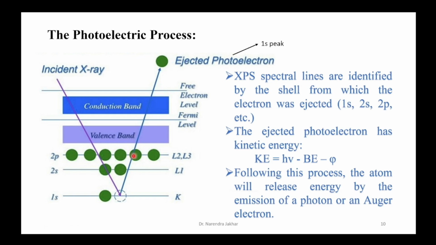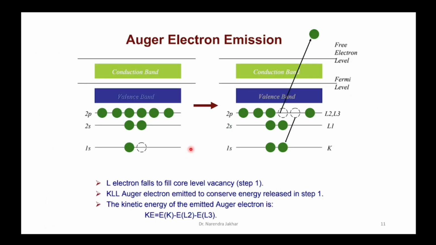If this upper electron fills the vacancy, then either a photon of X-rays is emitted, or sometimes the whole energy is delivered to the 2p electron, and this 2p electron gets knocked out by this excitation energy. So the emission of the X-ray photon and the coming out of electrons, known as Auger electrons, is a competitive process. This slide will give us the idea about Auger electron emission.